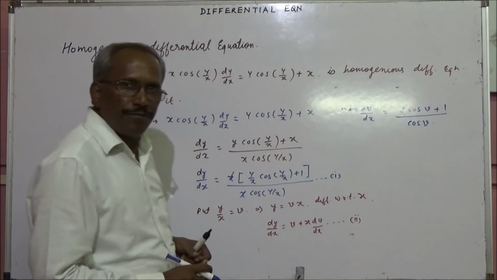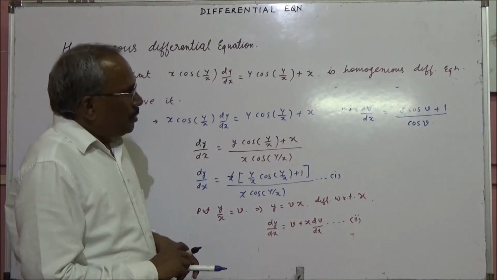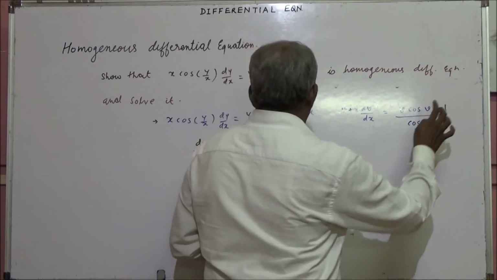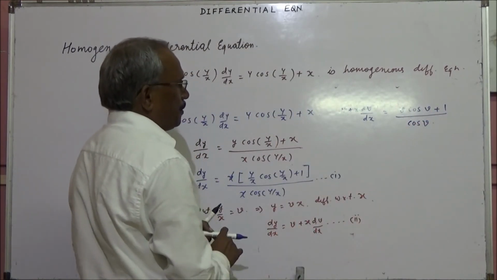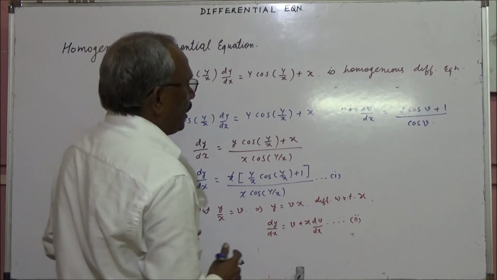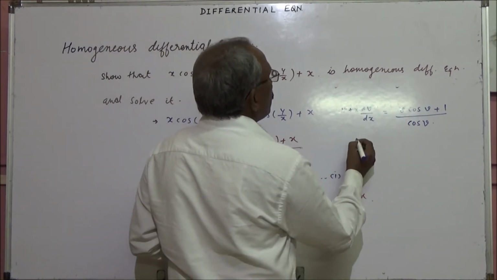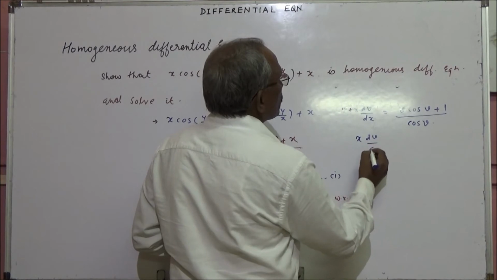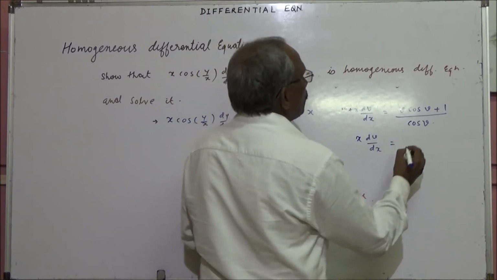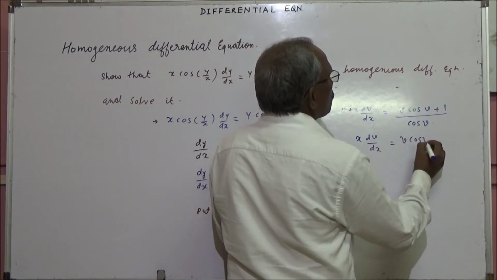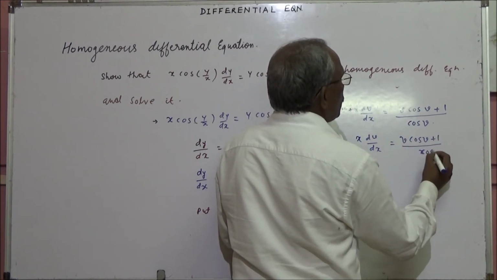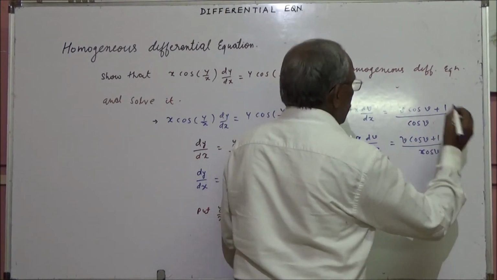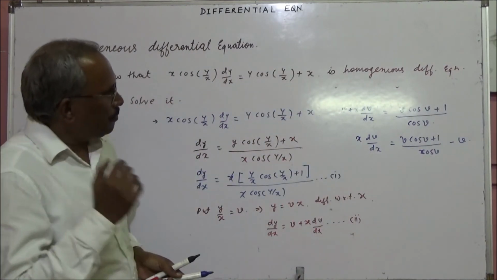Is it clear? Now I can write this as x dv by dx is equal to v cos v plus 1 upon cos v minus v.